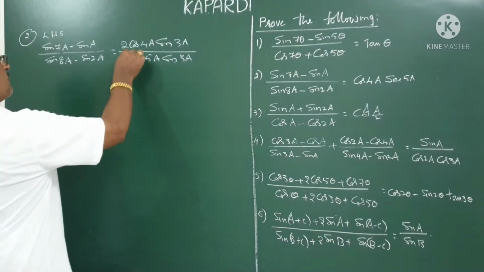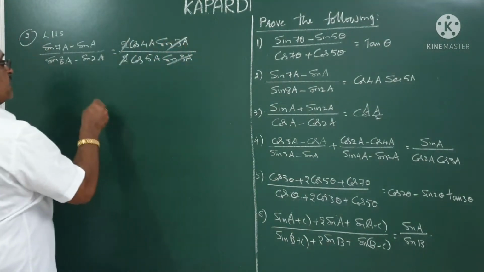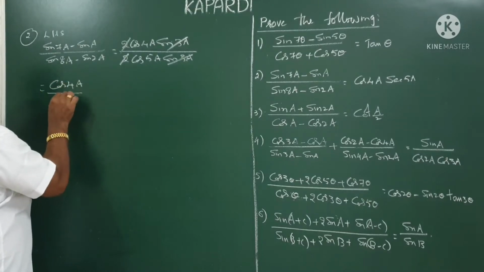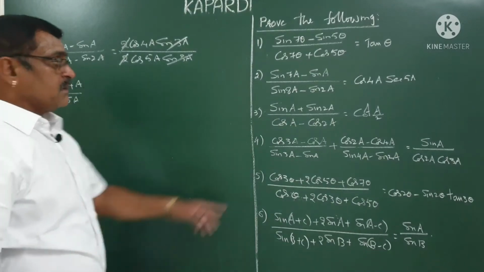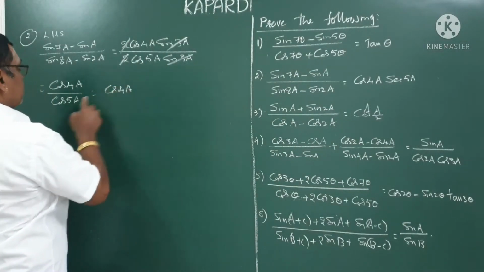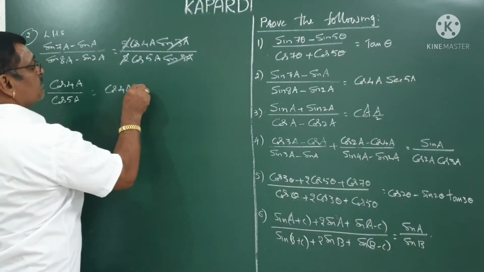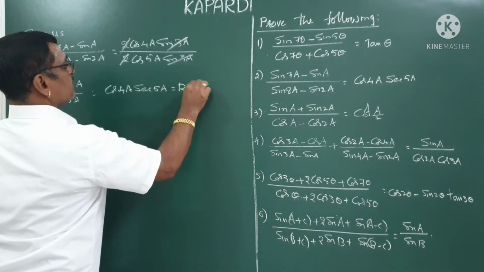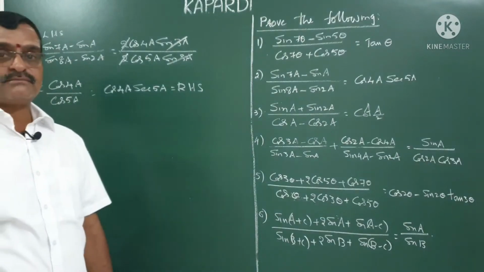So I can cancel the common factors 2 and sin 3a, and we got cos 4a upon cos 5a. This is nothing but cos 4a times 1 over cos 5a, which is secant 5a, which is equal to my RHS. In 2 steps we got the answer.